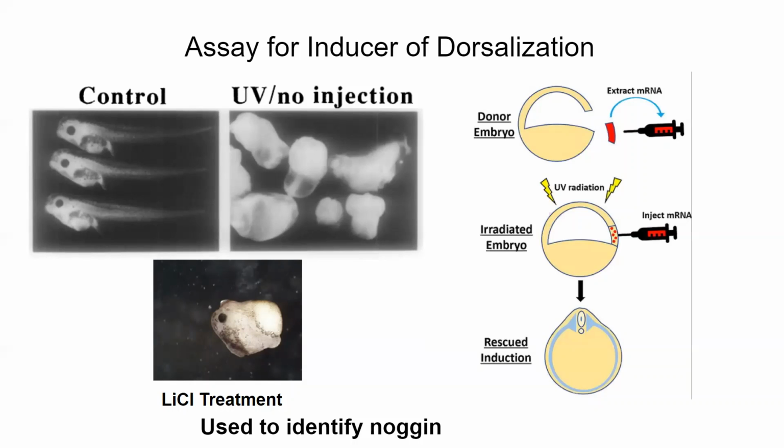In 1992, Smith and Harland ran an assay in order to identify which gene or genes might be responsible for the dorsalization effect of the Spemann organizer. They collected mRNA from Xenopus embryos that were hyperdorsalized during the blastula stages through lithium chloride treatment.